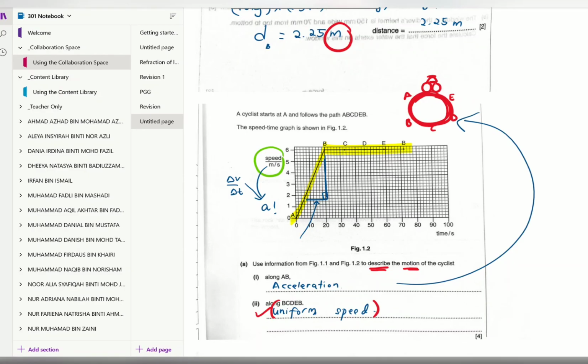So the complete answer, you must include that velocity changes. So speed is uniform, but velocity changes. Why? Because velocity has direction. Direction always changes.